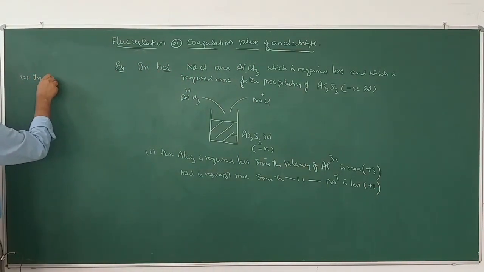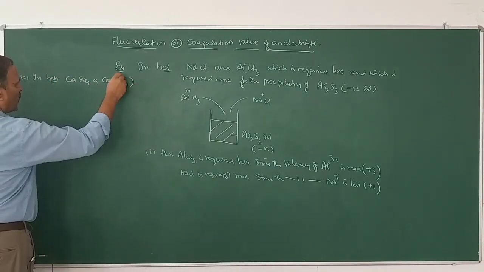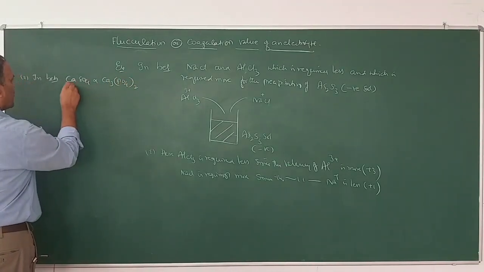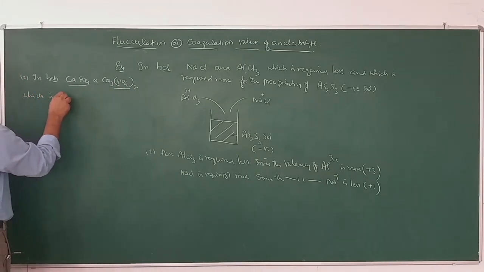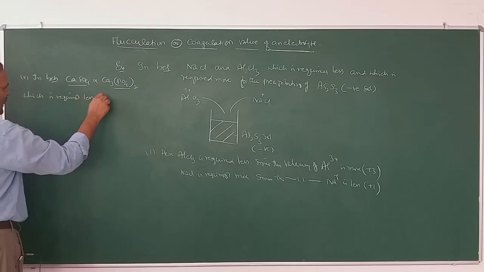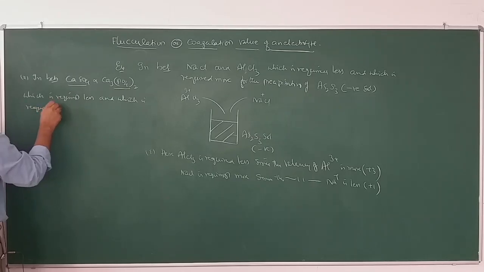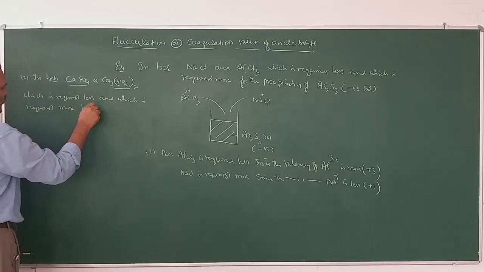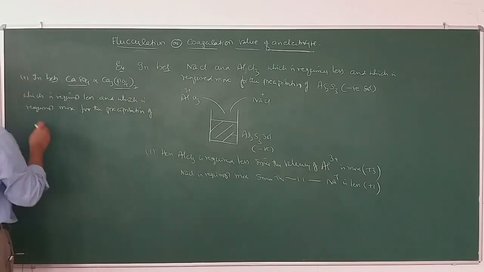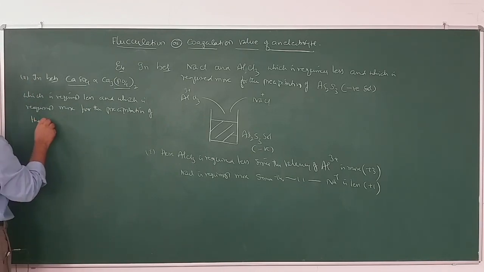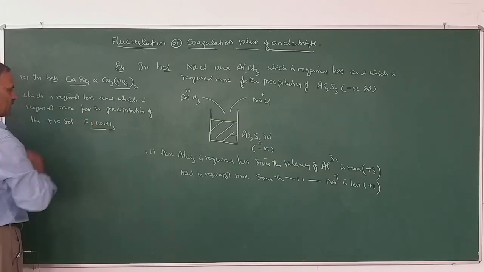In between CaSO4 and Ca3(PO4)2, this is calcium sulfate and calcium phosphate, which is required less and which is required more for the precipitation of the positive salt Fe(OH)3?